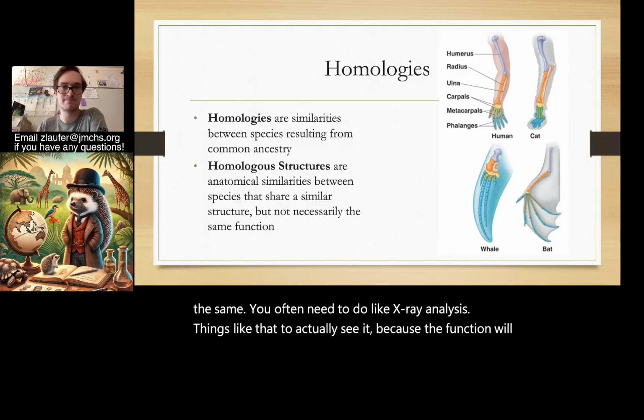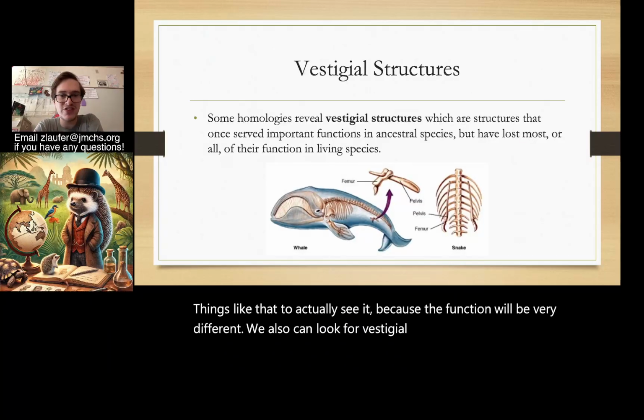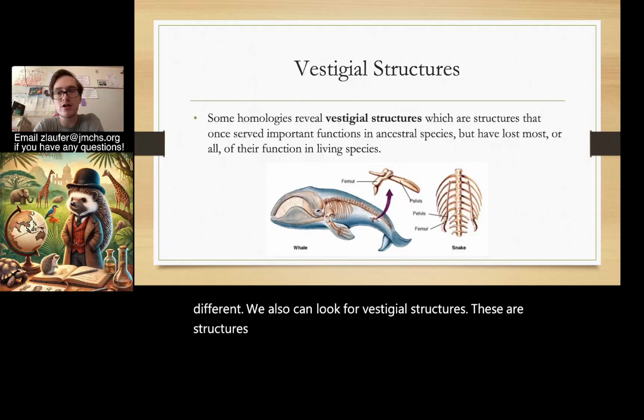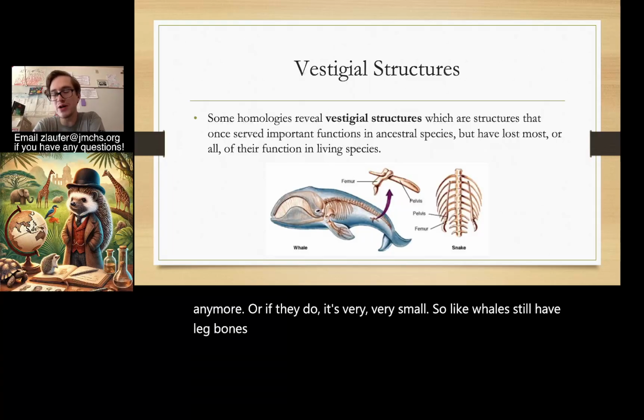We also can look for vestigial structures. These are structures that are homologous, but they don't serve any function anymore. Or if they do, it's very, very small. So like whales still have leg bones. They don't really do anything, but they just haven't lost them yet.